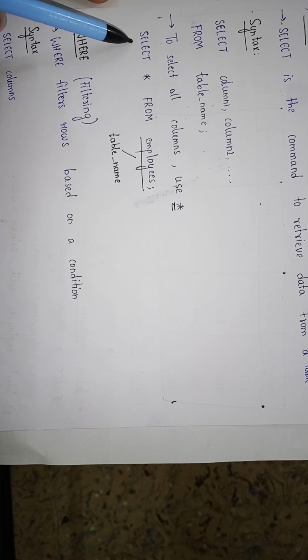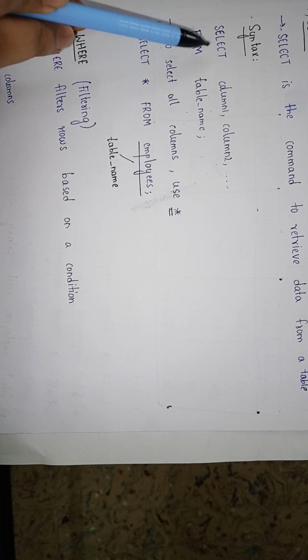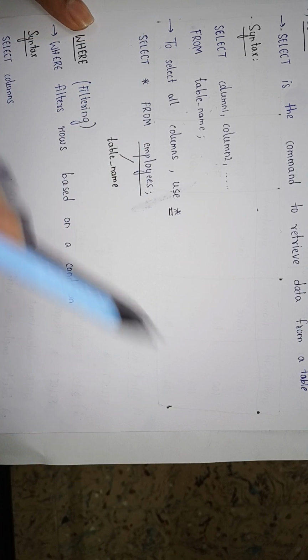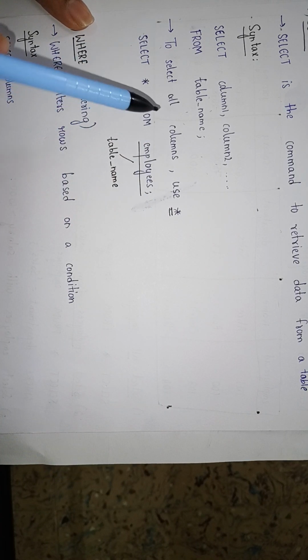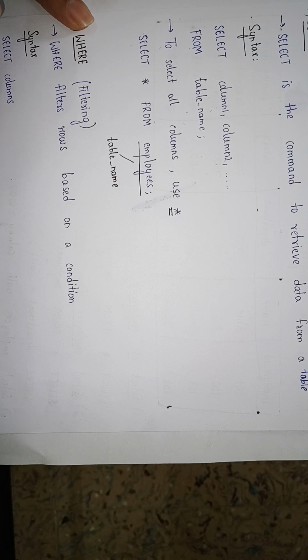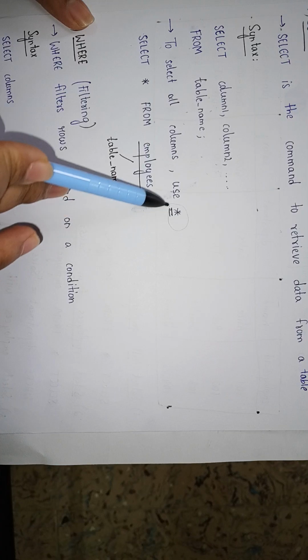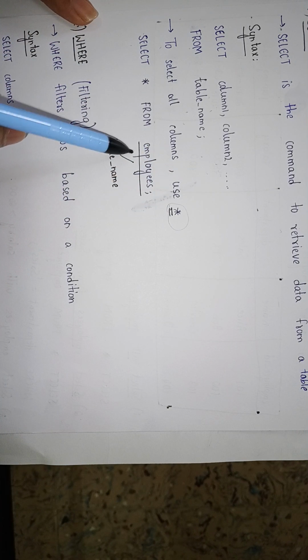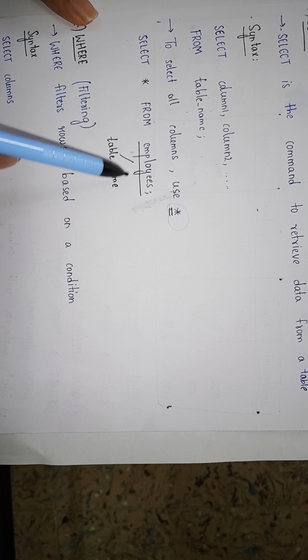This is one more important thing which we generally use. Suppose you have a big table or small table, and your condition is to select all the columns; then we have to use star. Asterisk is used for this. A general example: select asterisk from employees.